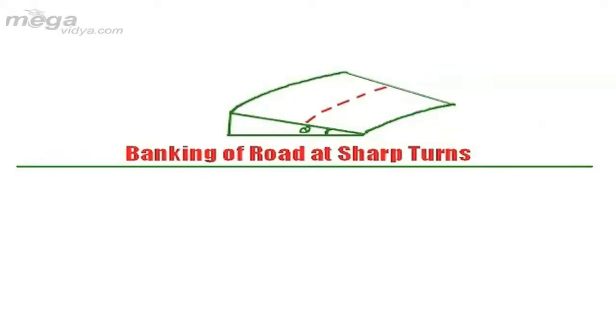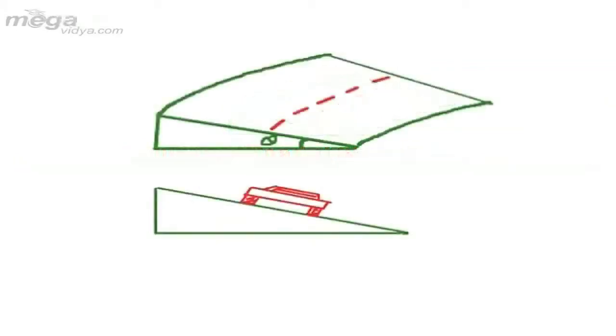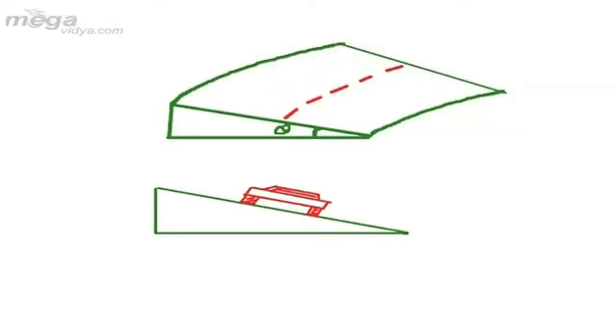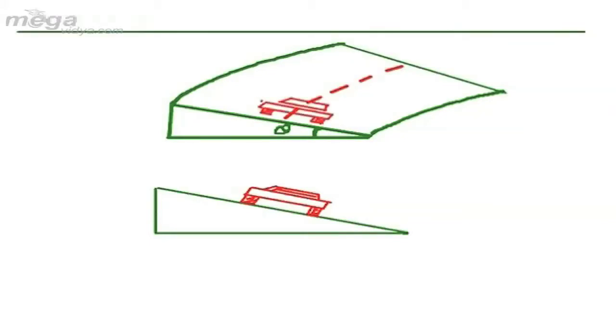Then see how it is important, what are the conditions due to which we have lifted the outer edge of the road. Just come to an event in which a car is turning at the curvature of a road. Say there is a car moving with velocity v on this curved track.